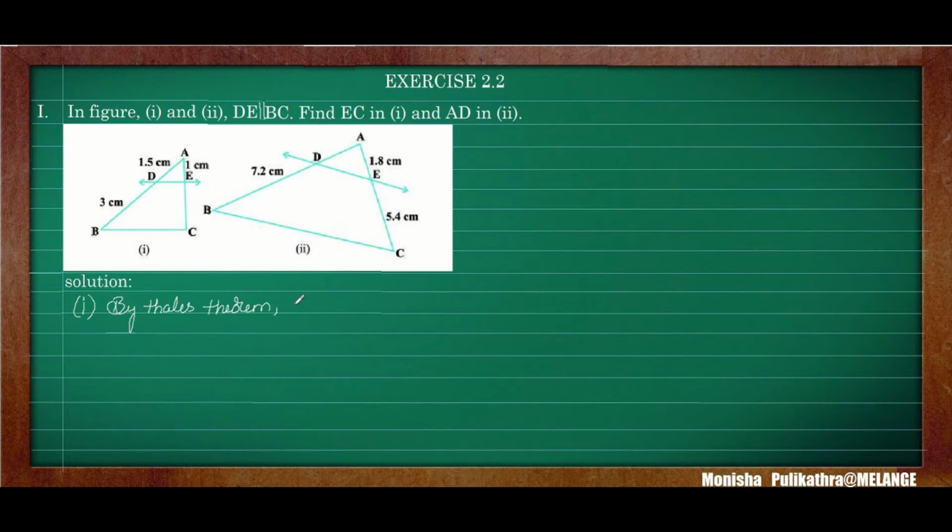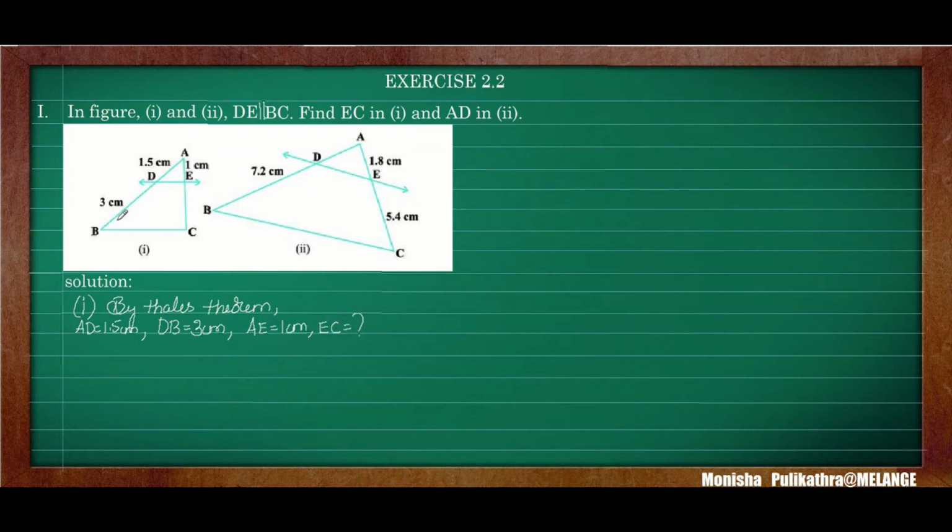By Thales theorem. Here in the first diagram, they have given values for certain sides. AD is equal to 1.5 centimeter, DB is equal to 3 centimeter, and AE is equal to 1 centimeter. Here we need to find out the value of EC.